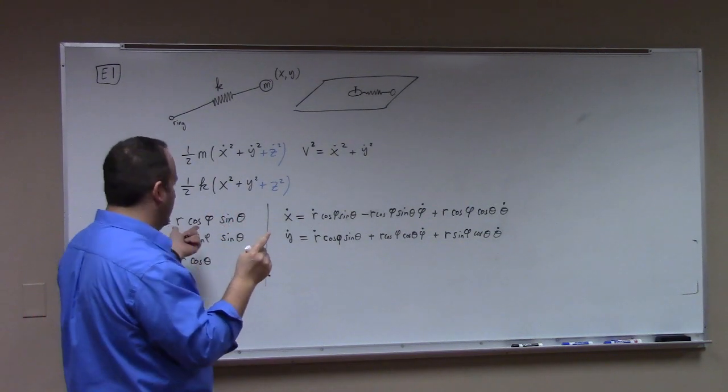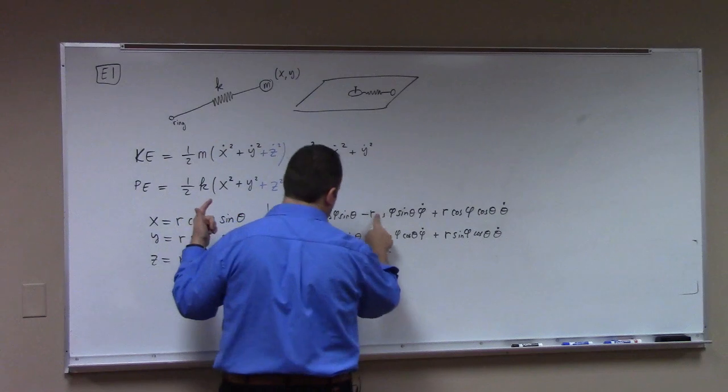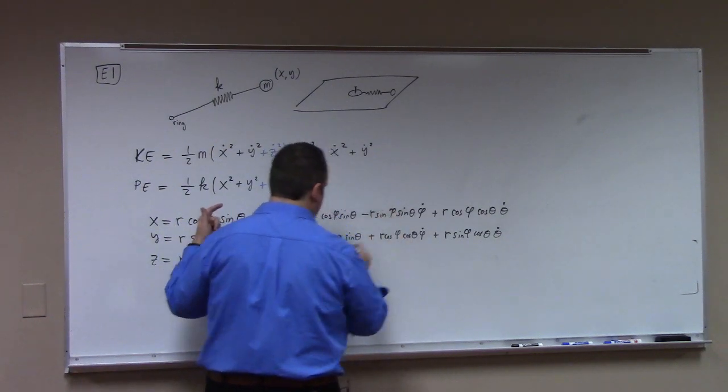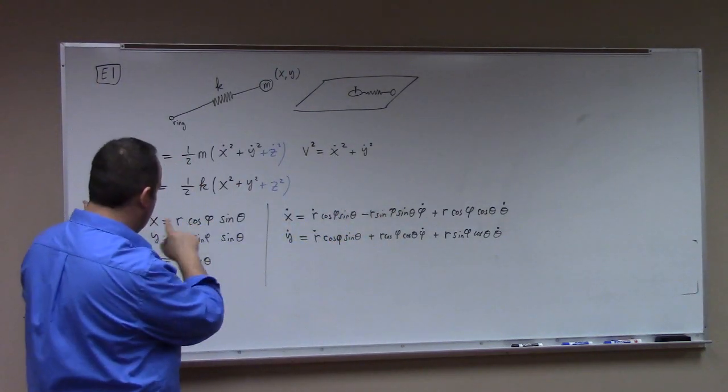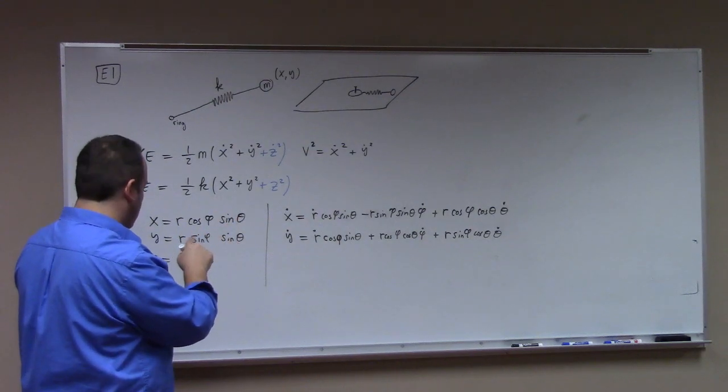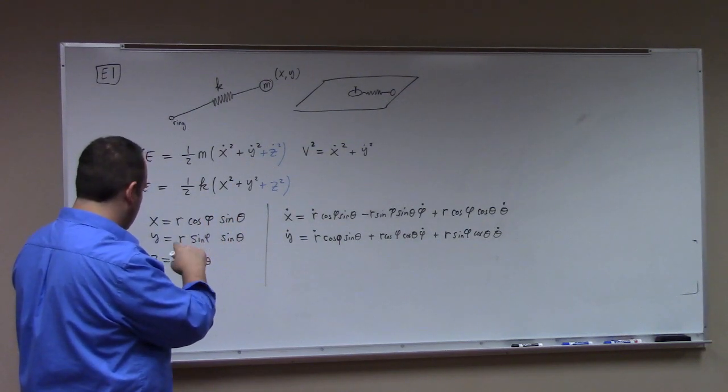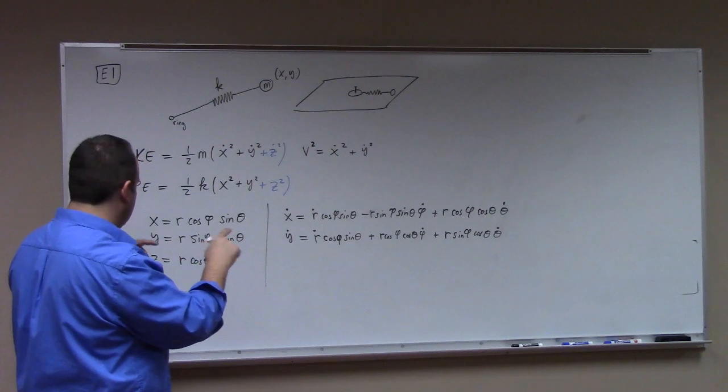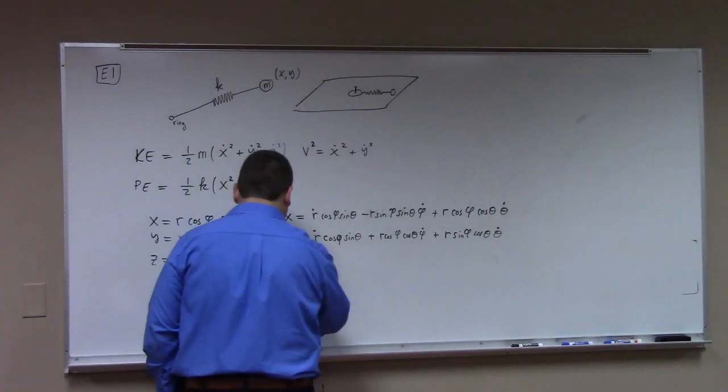Oh, I'm an idiot. The derivative of cosine is minus sine. I had it right to start with. Okay, z dot's a little bit easier.